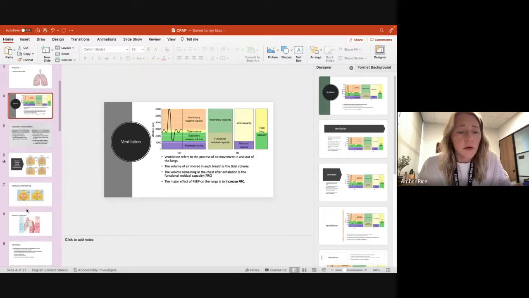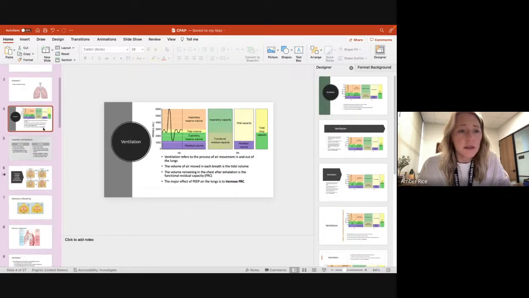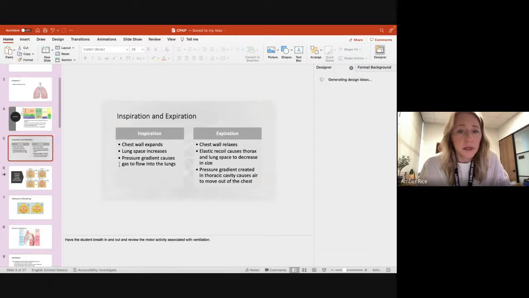And then I'll kind of go slide by slide. I did include just a little bit of physiology in here having to do with ventilation as it relates to both PEEP and CPAP. So I have in here inspiration, expiration.